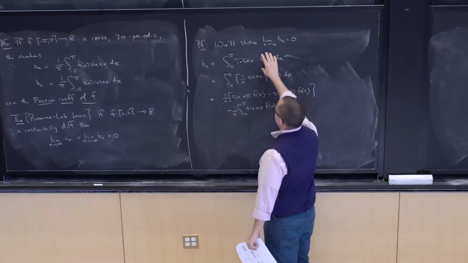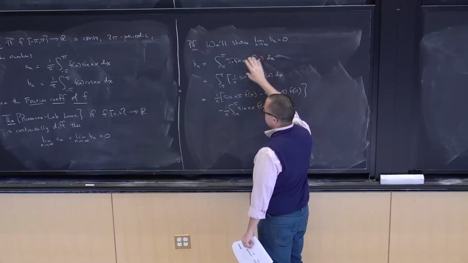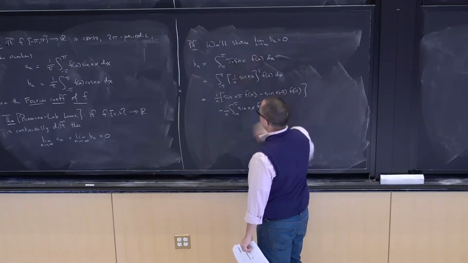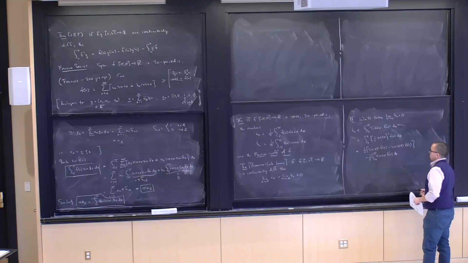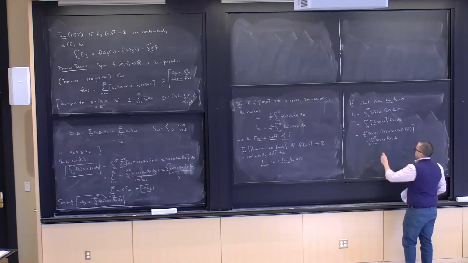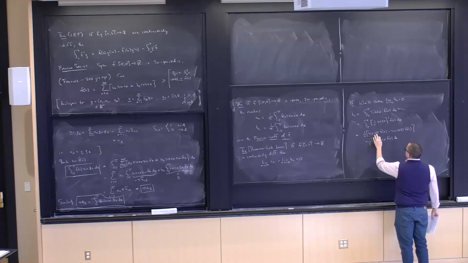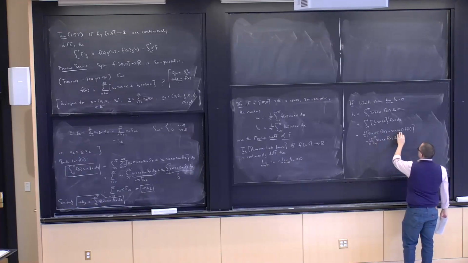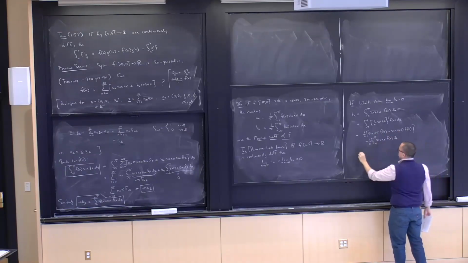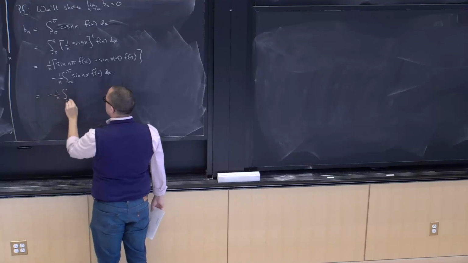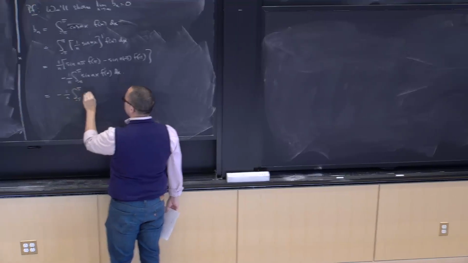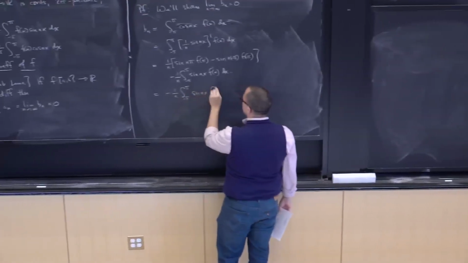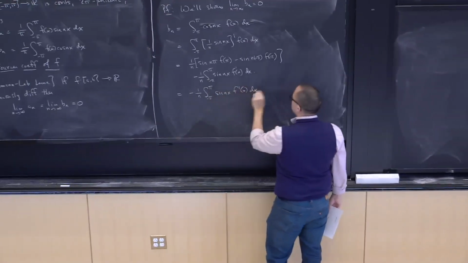Or you're weighting f in such a way that it's both positive and negative in equal amounts. Now, sine of n pi, no matter what n is, I get 0. Sine of n times minus pi, I get 0. So this first part drops off. So this is equal to minus 1 over n times the integral from minus pi to pi of sine nx times f prime of x dx.